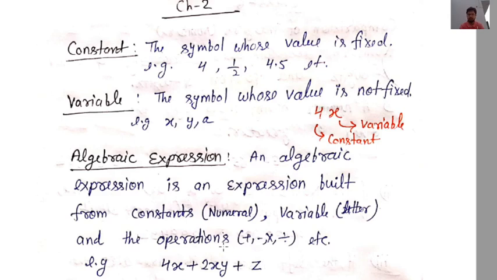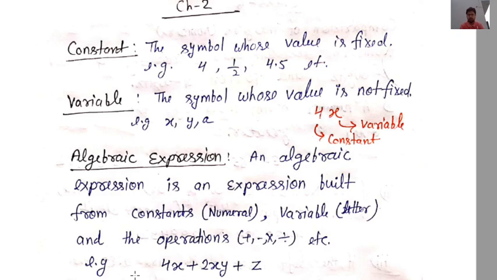What operations are possible? Plus, minus, multiply, divide, etc. So you see here what operation is applied between them? Multiplication. I have not mentioned the sign, but this is understood. Okay. So this is also an algebraic expression because we have written constant and variable together.